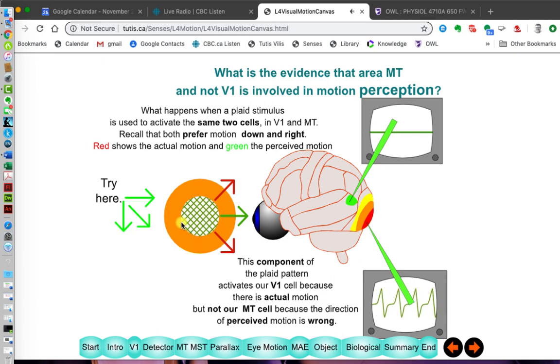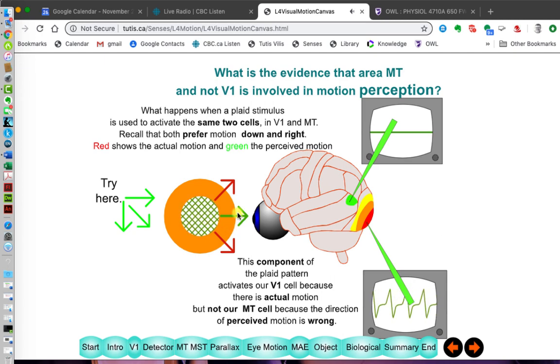So when the lines are moving in this direction, we know there's a real line moving down here and a real line moving up this way, but what we perceive is this way.